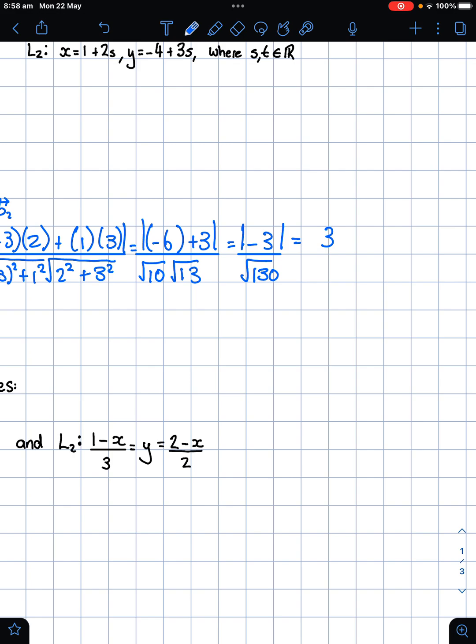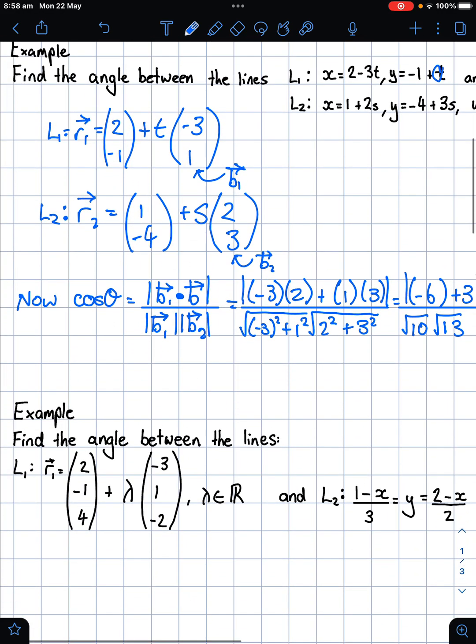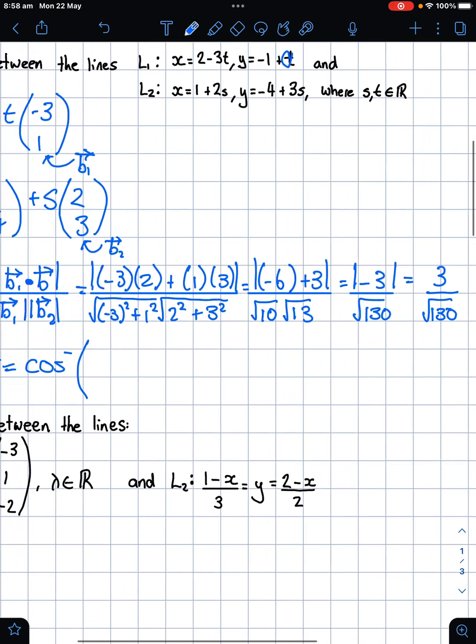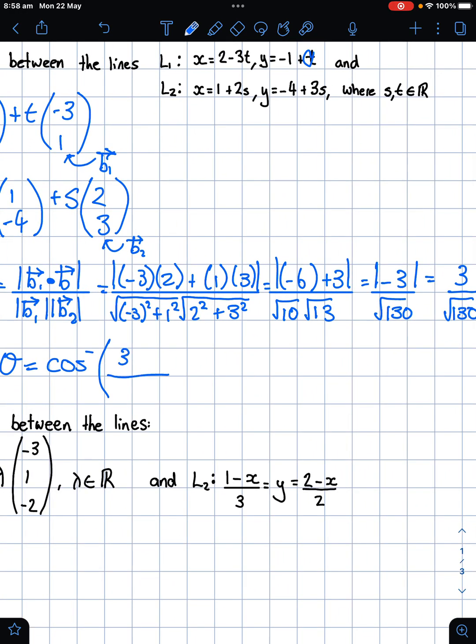So we're going to end up with 3 over root 130. Now you've got to remember that this is cosine, so we need theta equals inverse cosine, and we're going to put this value in here, which is 3 over square root 130.